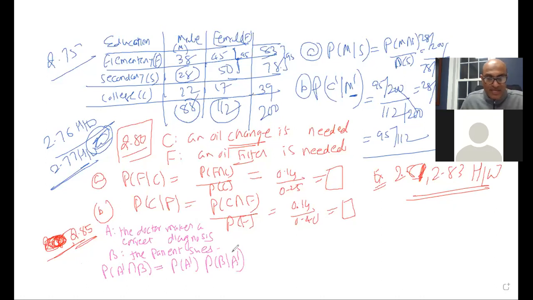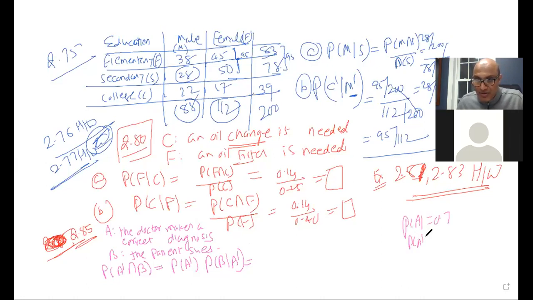Probability of B given A dash. Probability of A dash, doctor, 2.85, where is it? Yes, the probability that the doctor correctly diagnoses a particular illness is 0.7. Right? Doctor makes the correct diagnosis that is equal to 0.7. So that means probability of A is equal to 0.7.